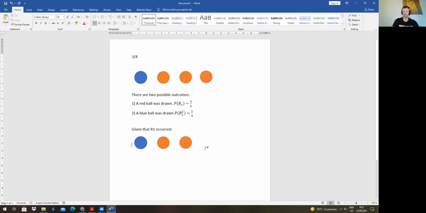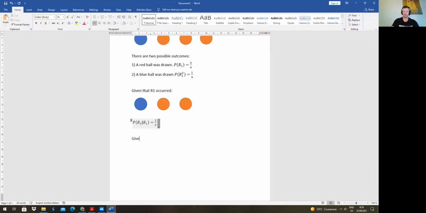So now we are interested in this particular outcome, so that the red ball was drawn on the second step, given that on the first step it was also red ball. So what is this probability? We have 3 balls together, 2 of them are red, so we know that 2 over 3 is this conditional probability, right?